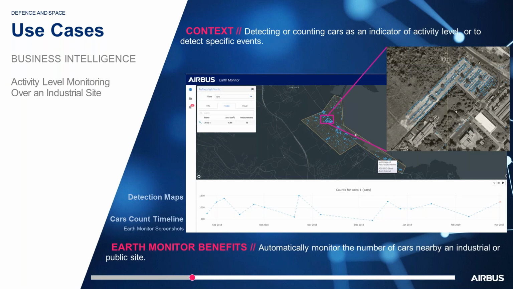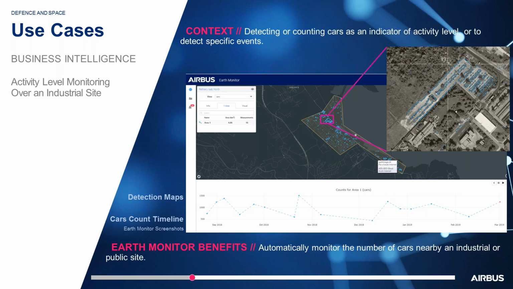So I can see here an AOI in yellow, and in pink in the middle of the screen, I have an overview of a site. And on this site, I can see blue points, and each blue point, in fact, is a car. And Earth Monitor here is very interesting to automatically monitor the number of cars nearby an industrial or public site.